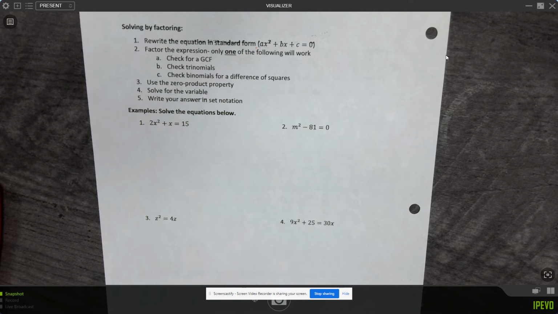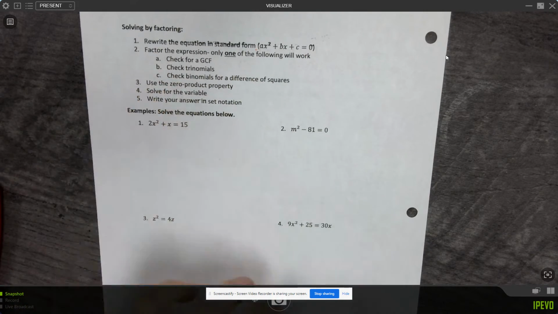If it's not a trinomial, you get to skip that one and go to the last one, which is a binomial, checking that for a difference of squares. In this lesson, every equation will factor, and every equation will factor using only one of those methods. So find which one it is, and we'll recall how to do all 3 of those.